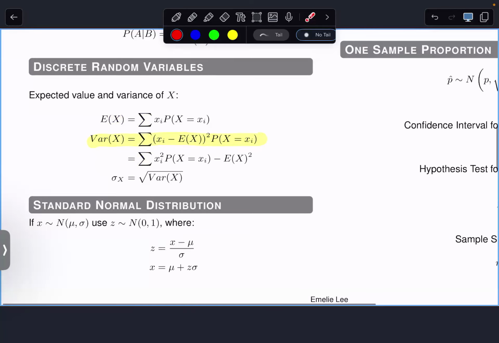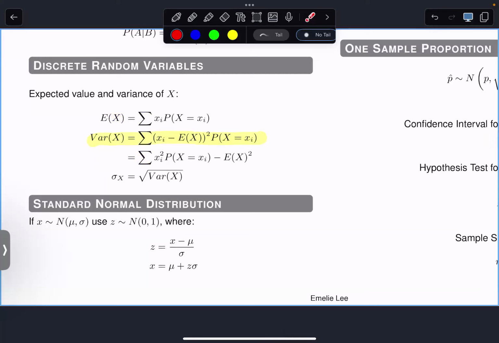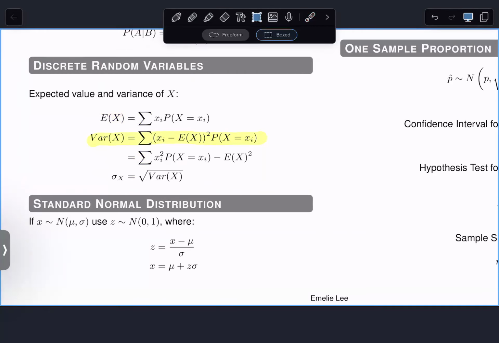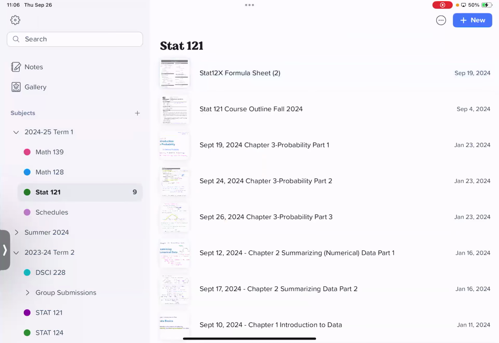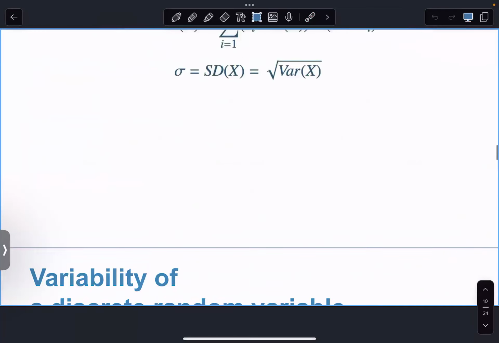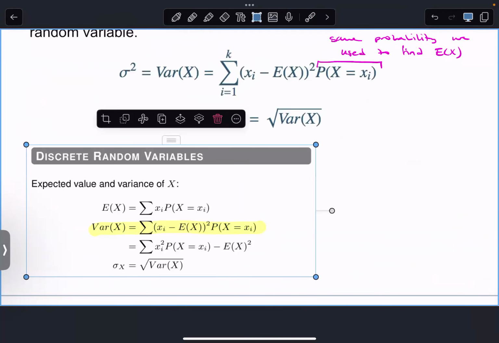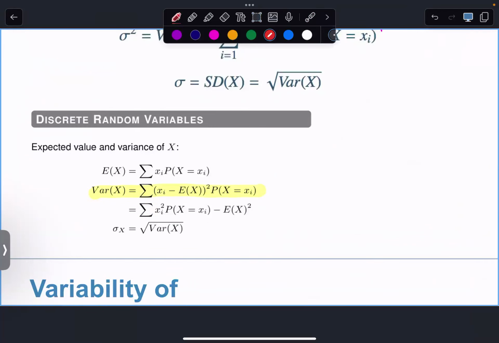Okay. Good. Maybe I'll bring this in here, copy. And put it maybe here. I know, jumping up a little bit. And also, this is the standard deviation of x.